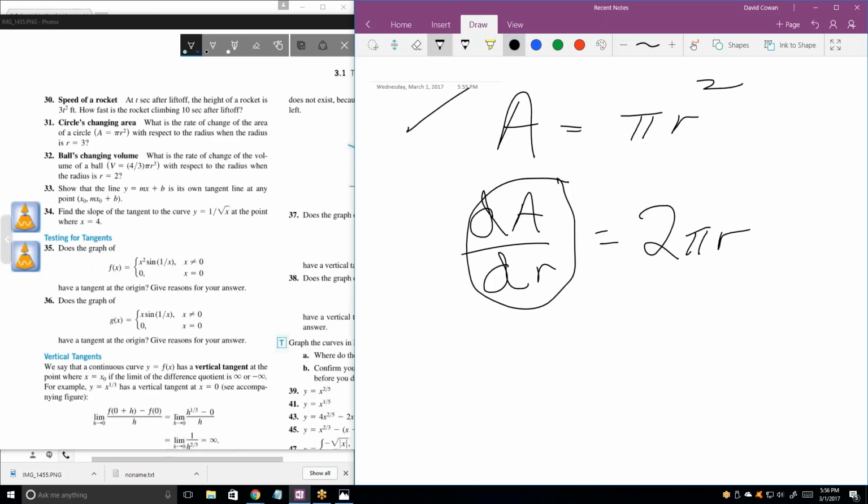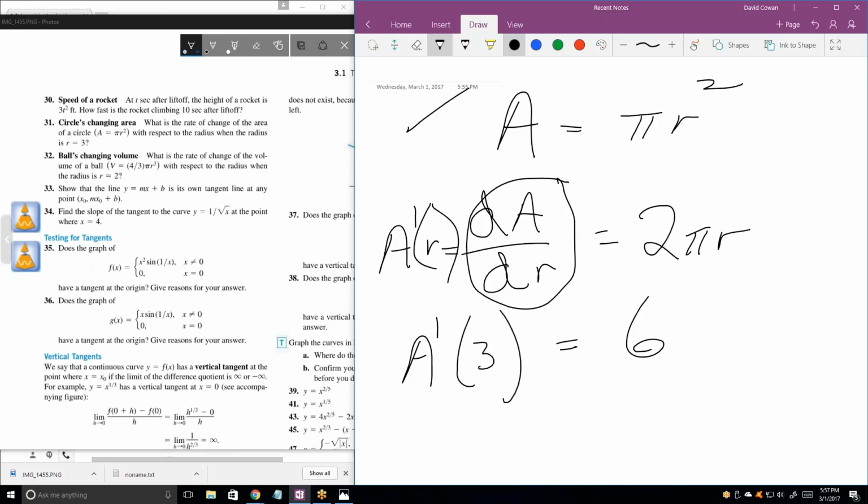Yep. In other words, I could write this as A prime of r. And now they want to know A prime of 3. 6 pi.